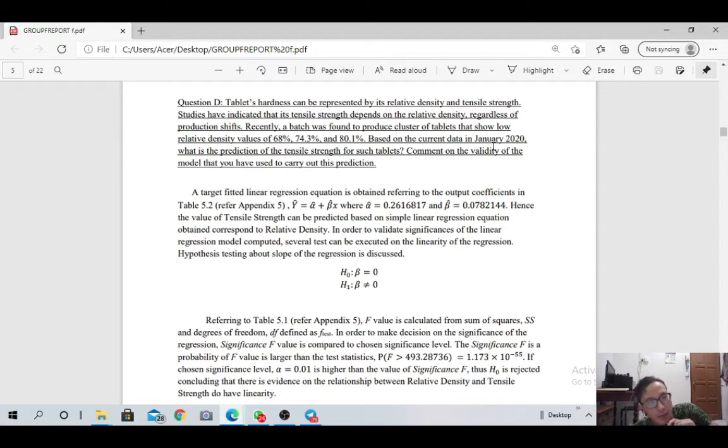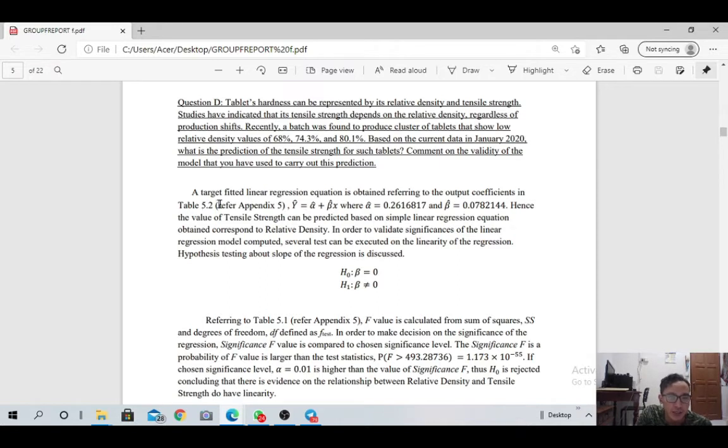Regardless of production shift, recently a batch was found to produce cluster of tablets that show low relative density value of 68%, 74.3%, and 80.1%. Based on the current data in January 2020, what is the prediction of the tensile strength for such tablets? Comment on the validity of the model that you have used to carry out this prediction.